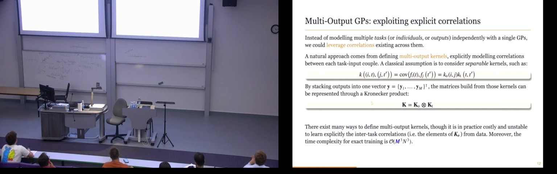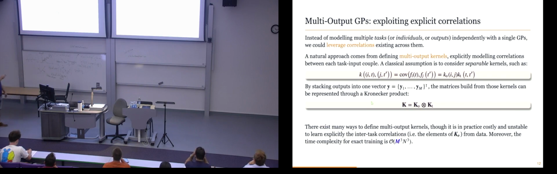And so we'll have the covariance between those objects that can be, in the case of separable kernels, written as the product between a kernel on the outputs and a kernel on the inputs. Okay, so the object on the right side is exactly as before. What we have added is an explicit kernel to take into account the correlation between tasks.